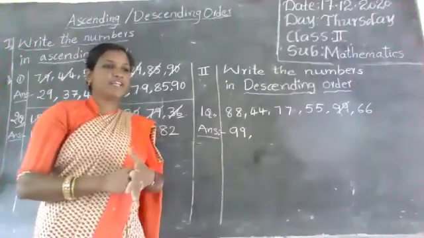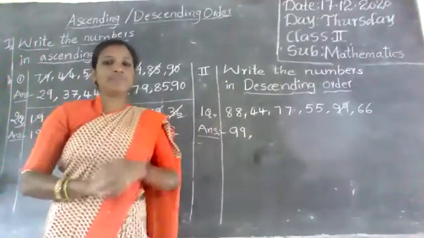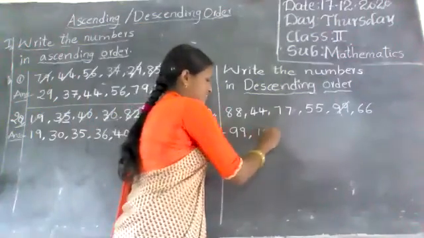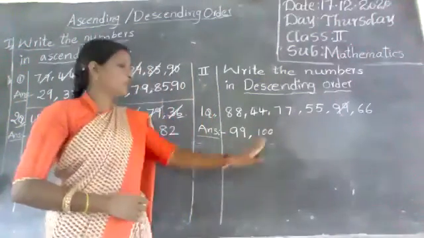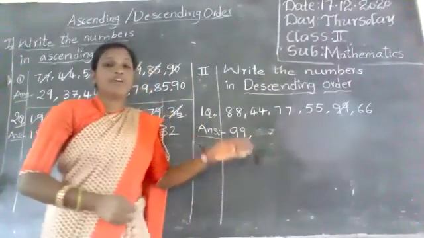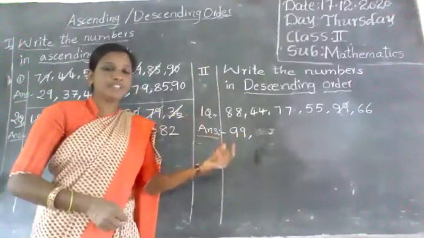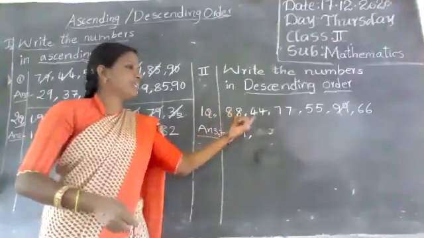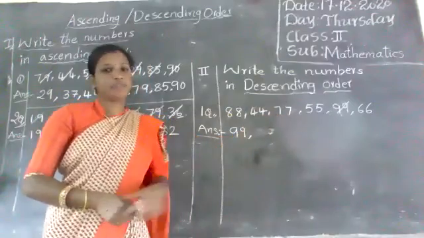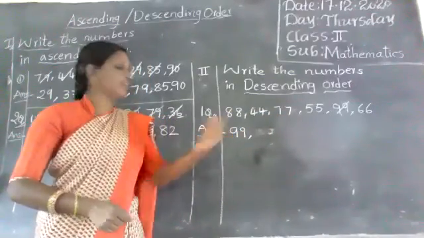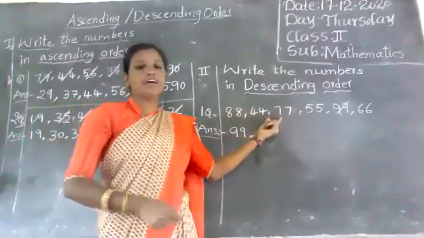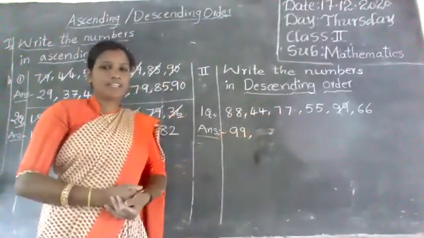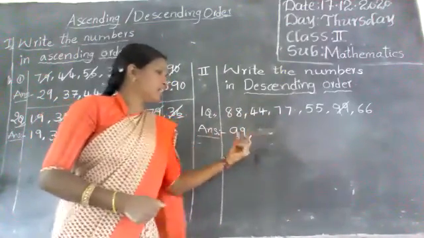After 99 means don't take the next number, 100. No, don't write like that. Always observe the question and take only from the given numbers. Okay, 99 is over.